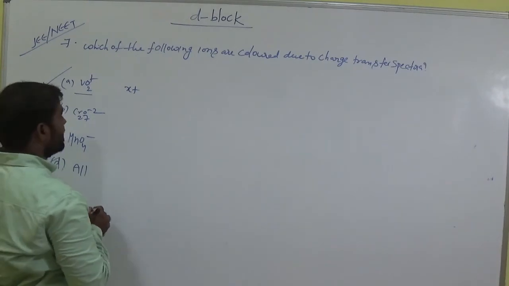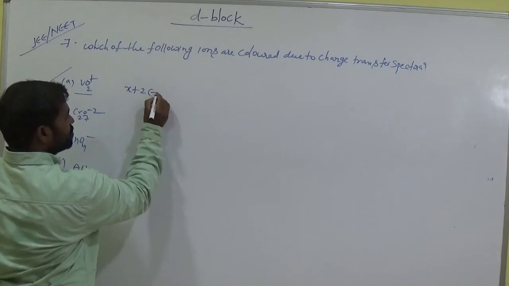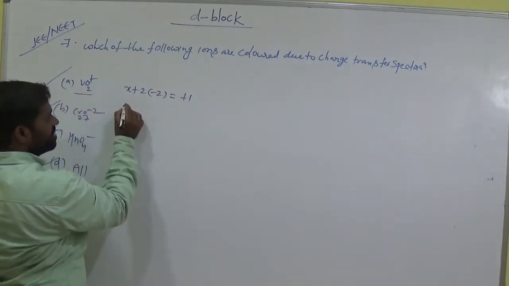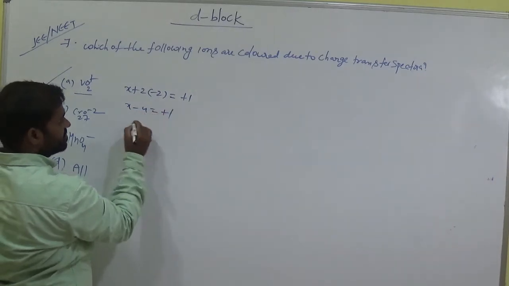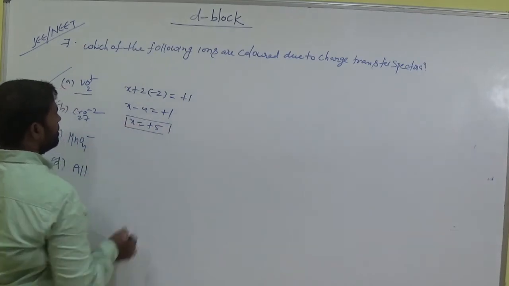There are 2 oxygens, each carrying minus 2 charge, and the ion is plus 1. So x minus 4 equals plus 1, and x equals plus 5.